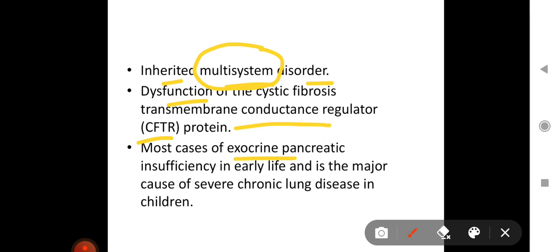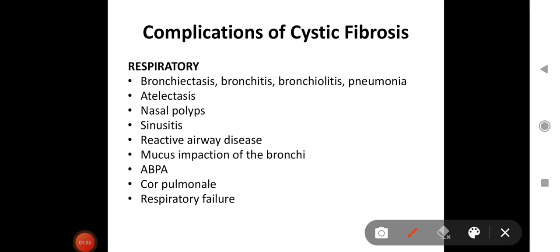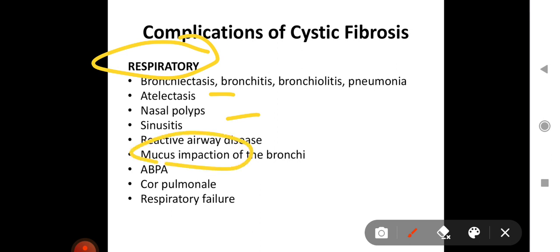Okay, most cases of exocrine pancreatic insufficiency occur in early life, and cystic fibrosis is the major cause of severe chronic lung disease in children. So what are the complications of cystic fibrosis? Mainly respiratory complications: bronchitis, pneumonia, bronchiolitis, atelectasis, nasal polyps, sinusitis, mucus infections commonly seen, predisposition to ABPA, cor pulmonale and respiratory failure.